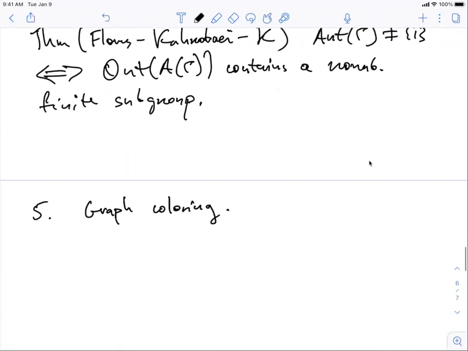By graph coloring, I mean the k-colorability of vertices in a graph. So here a valid k-coloring is just a function from the vertices to a set with k elements, so that no two adjacent vertices have the same value under that function.